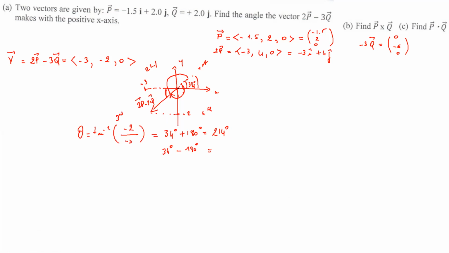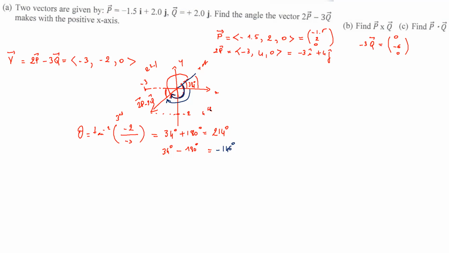Okay, so 34 degrees is here. Now, if I do 34 degrees minus 180, this will give me this angle here. So that will give you minus 146 degrees.